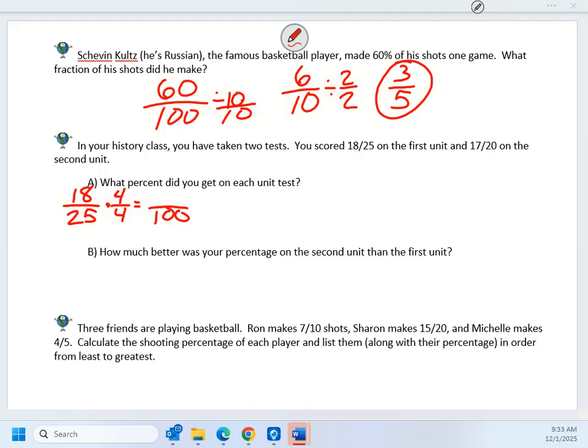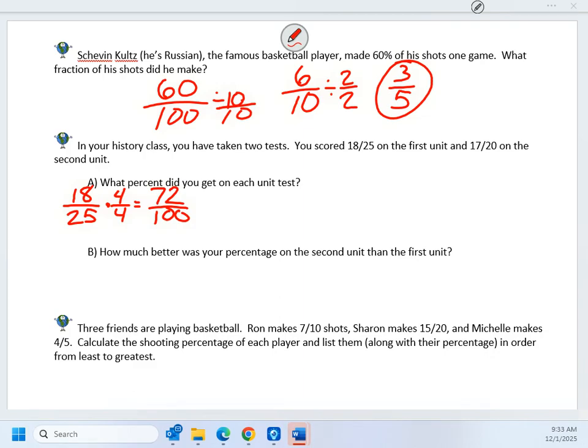Whatever you multiply the bottom by, you multiply the top by. So 25 times 4 is 100. 18 times 4 is what, Rhoda? 56. Not 56. Vinny? 72. Because 4 times 8 is 32.